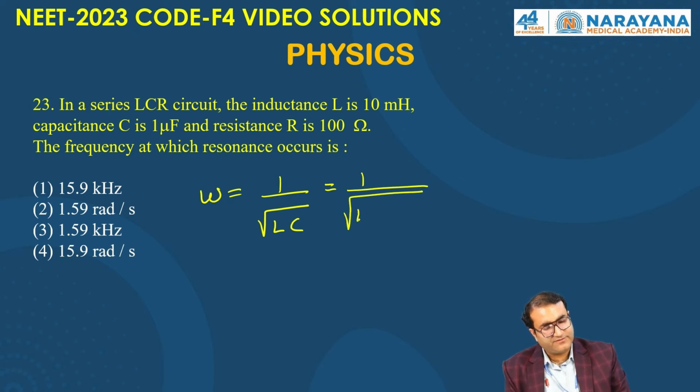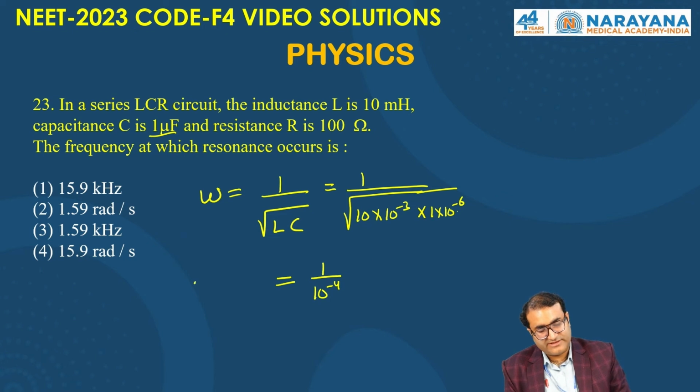So 1 by under root of 10 into 10 power minus 3 into C, which is 1 microfarad, 1 into 10 power minus 6. This is 1 by under root of 10 power minus 8. It is 10 power 4 radians per second.